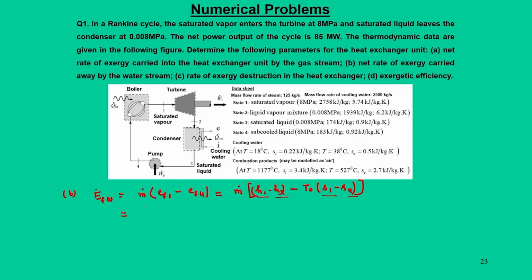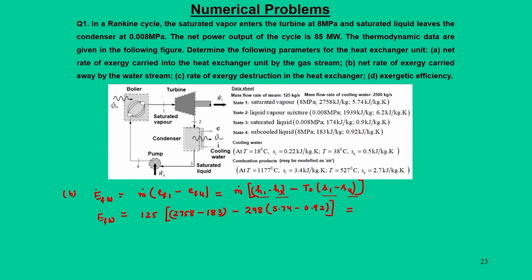So, the exergy carried away by the water stream will be 125 into 2758 minus 183 minus 298 into S 1 minus S 4, 5.74 minus 0.92.